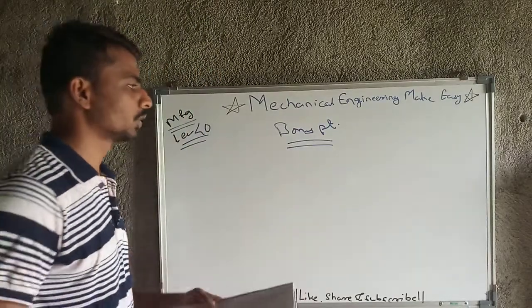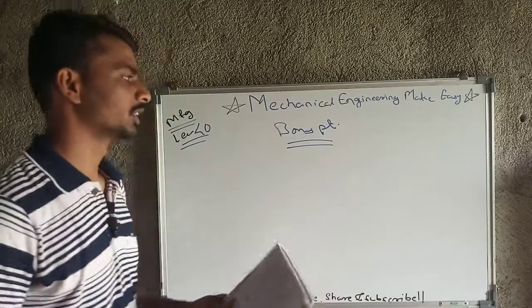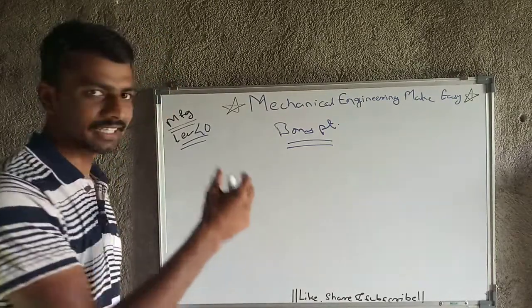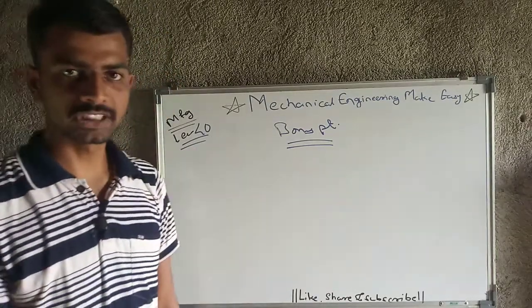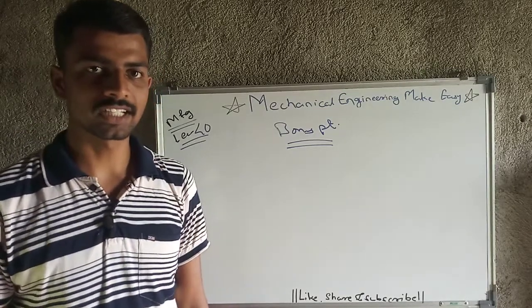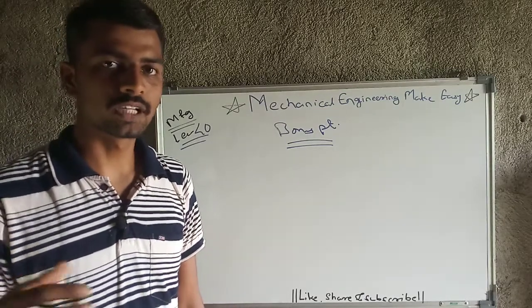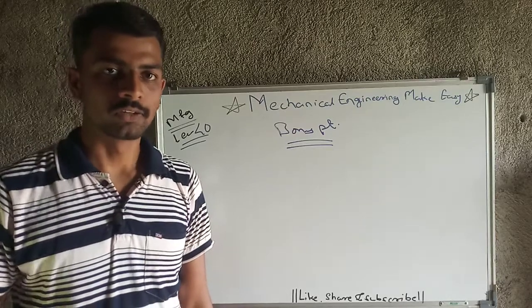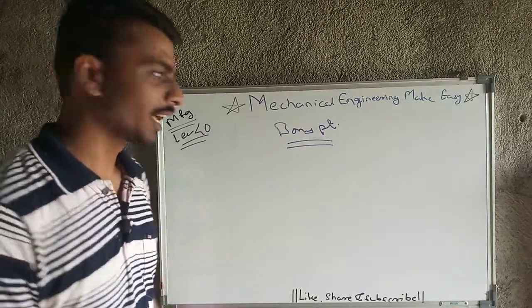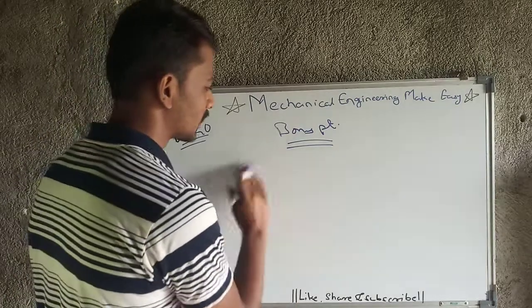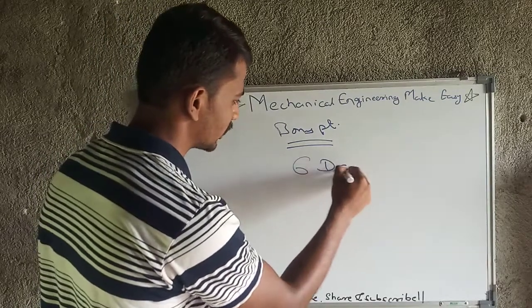So now we will move towards our main topic, that is, the bonus point. For designing jigs and fixtures, there is also one very important parameter, which is nothing but degree of freedom. Degree of freedom of the workpiece is what we have to manage for every operation, and the maximum degree of freedom we have to consider here is 6 degrees of freedom.